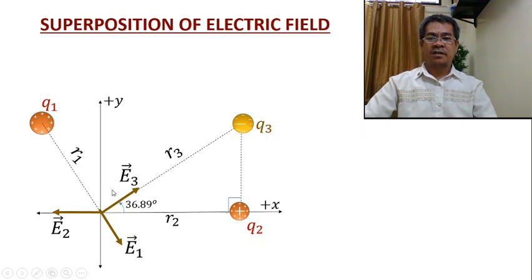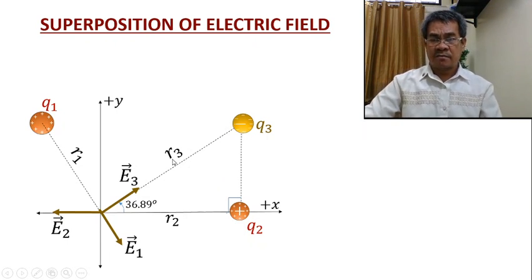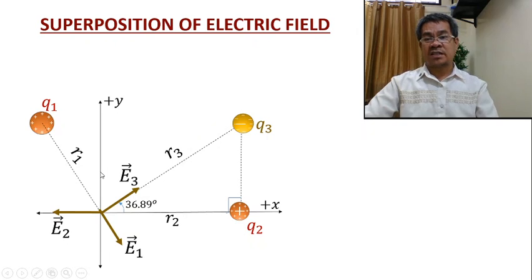So what will happen? How will you answer if you're asked what is the electric field at the origin with the presence of these charges? We have the positive charge, negative charge, positive charge: charge 1, charge 2, charge 3. You can use the same formula, but you have to analyze it one at a time.